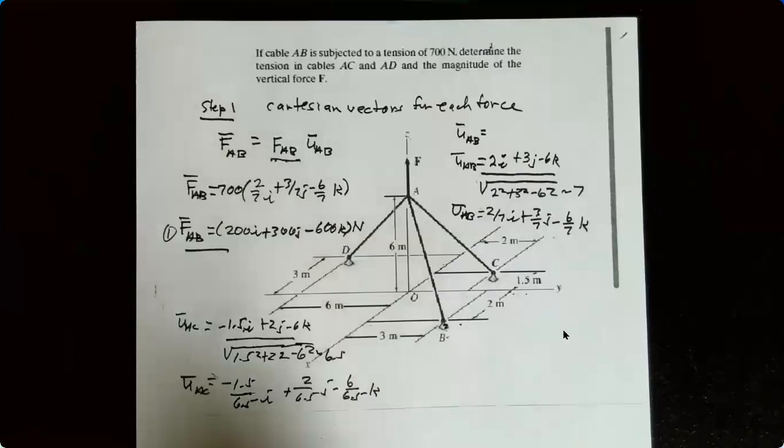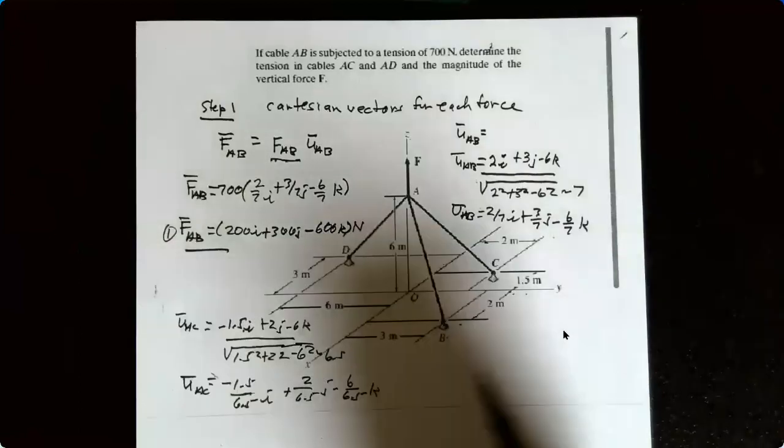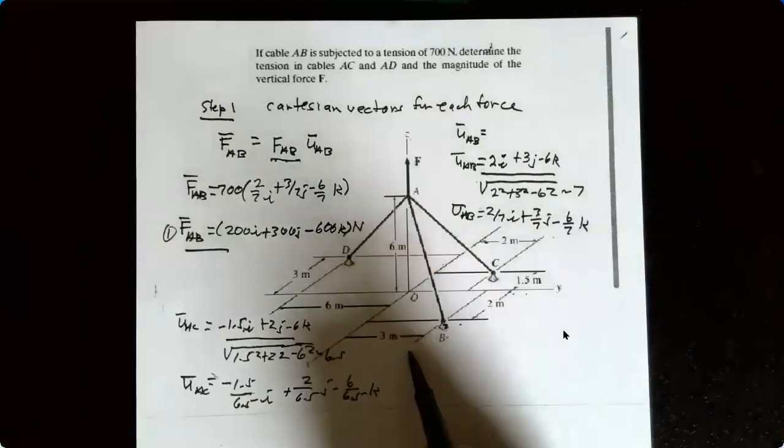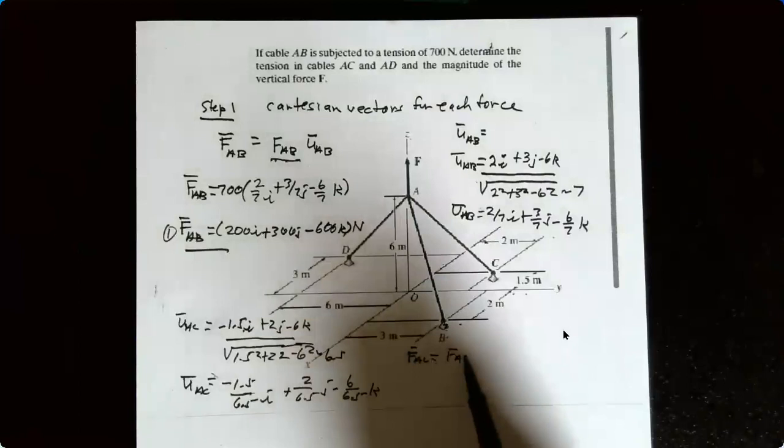So the Cartesian vector FAC is equal to the scalar FAC, that'll be an unknown, times UAC.